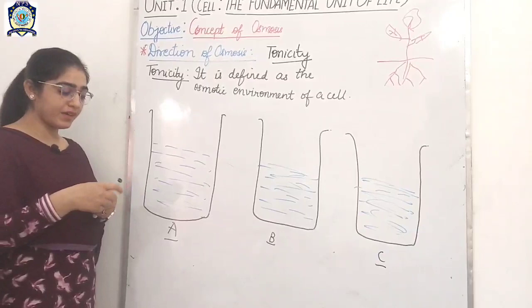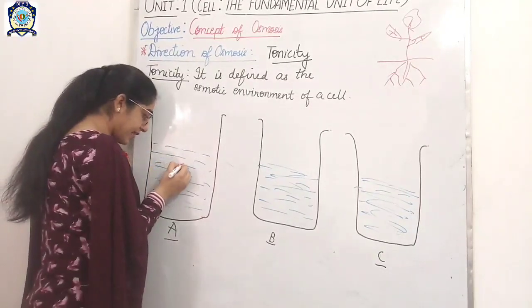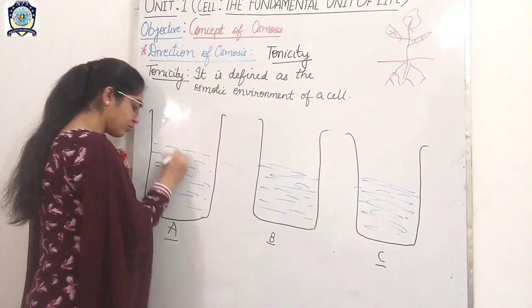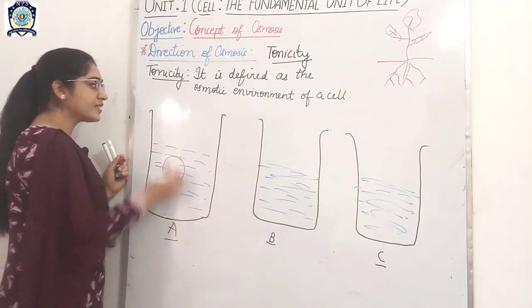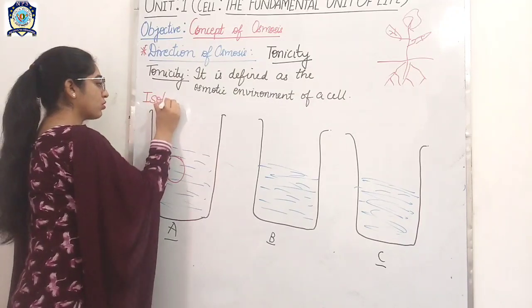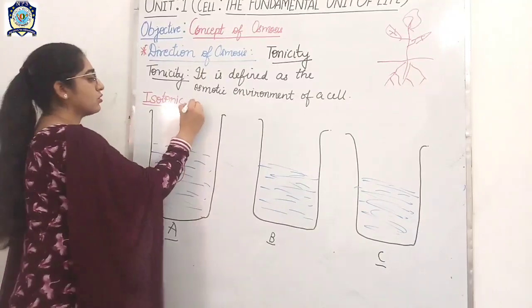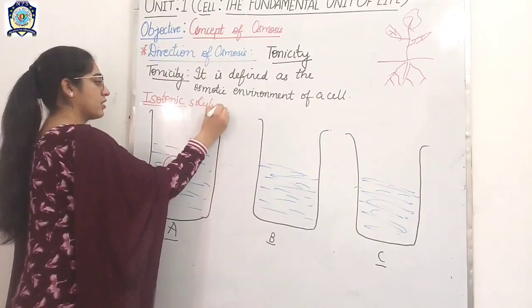Now, what happened in the first case? I keep a cell in this solution, and this solution is known as an isotonic solution.